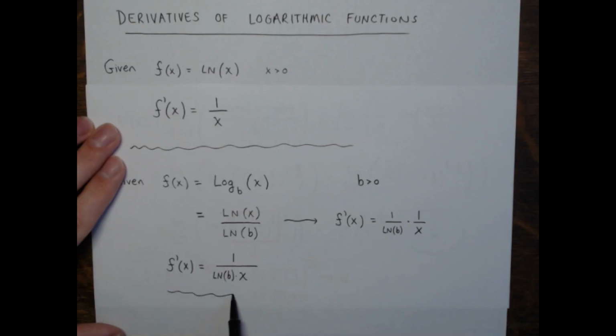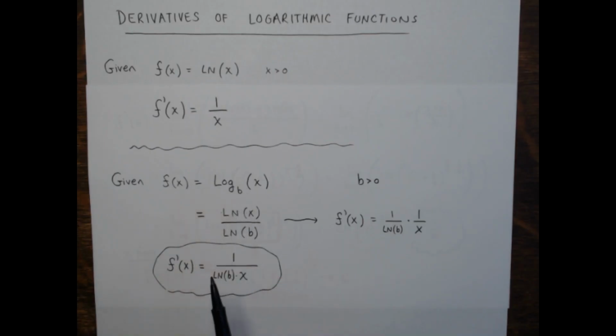Okay, so I'll bubble that in. That's the derivative of your general logarithm of any base. And of course, if the base were e, then this natural log of e down here would just be 1, and your derivative would be 1 over 1x, which we saw earlier for log base e.